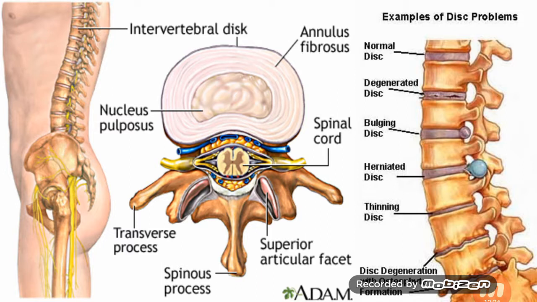The annulus fibrosus holds together successive vertebrae. So the disc's inner side is divided in two parts: the inner nucleus pulposus surrounded by the annulus fibrosus.